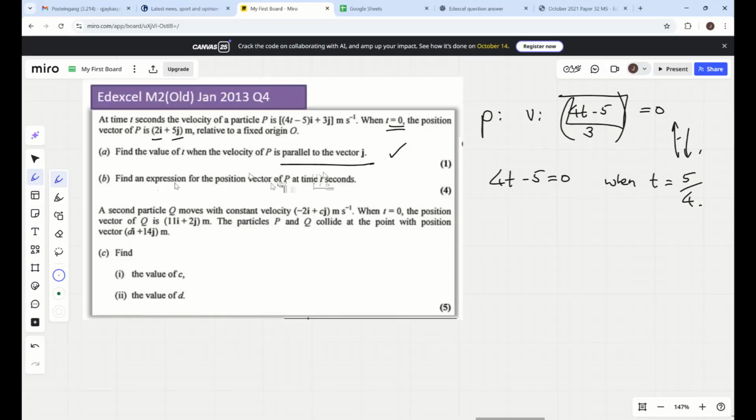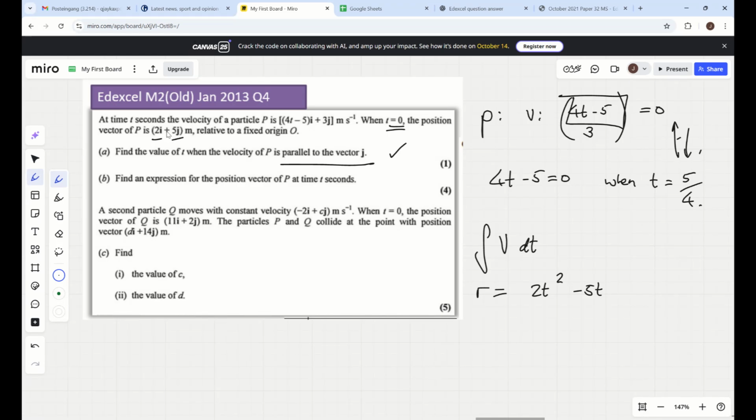Find an expression for the position vector. Okay, this is the integration one, isn't it? So I want to integrate the velocity with respect to time, which is going to be what then? So it's going to be a 2t squared minus a 5t. And we had some values here already, didn't we?